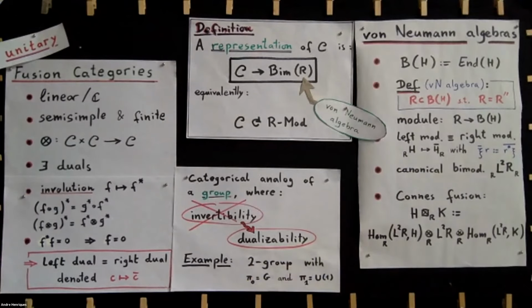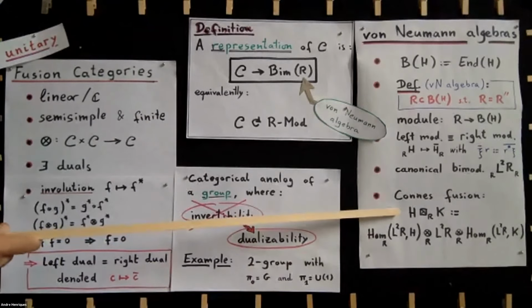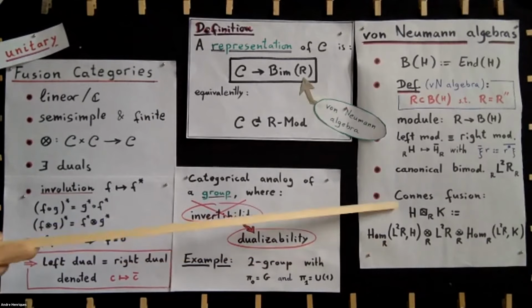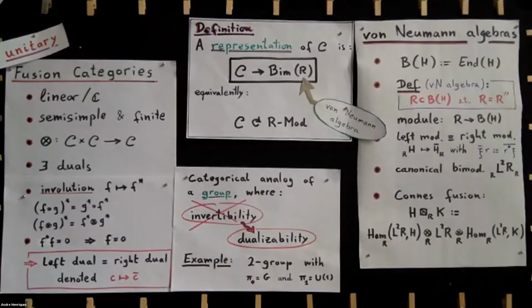Something rather non-trivial is the existence of a canonical bimodule associated to every von Neumann algebra. And finally, there is a somewhat intimidating looking formula that defines an operation called fusion, and which, apart from the fact that the formula is intimidating, behaves just like a tensor product. So yeah, that's it about von Neumann algebras.